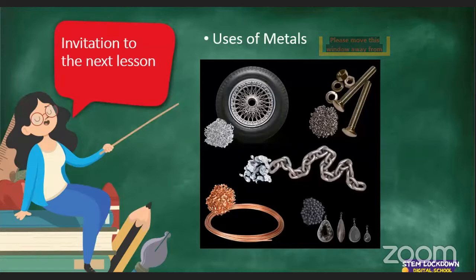I think they are hard and shiny. Okay, so metals are dense basically means that the particles of a metal are close to each other. That's what it means.